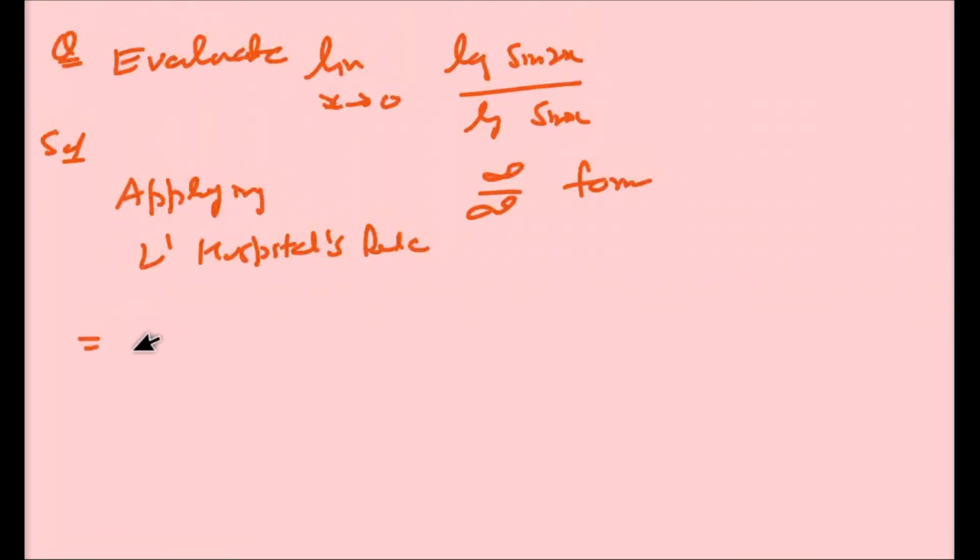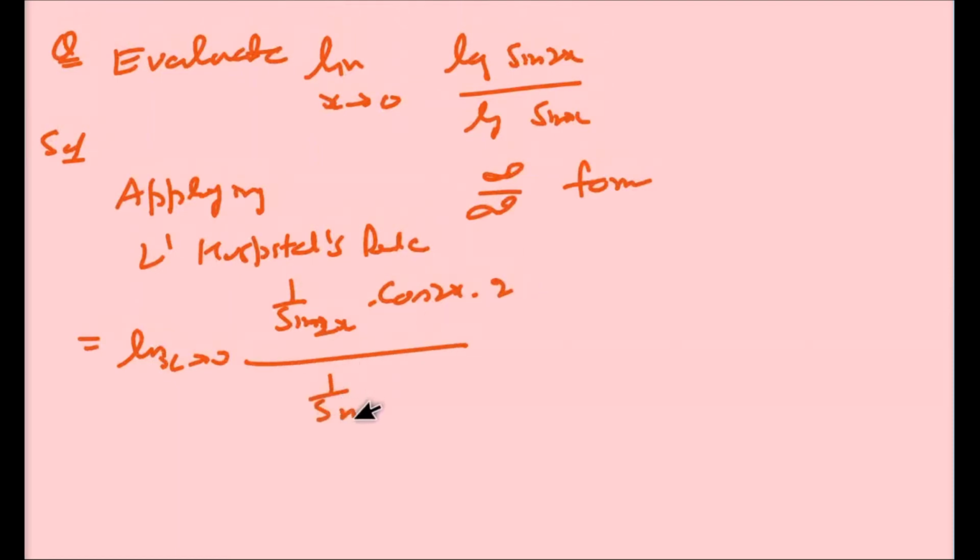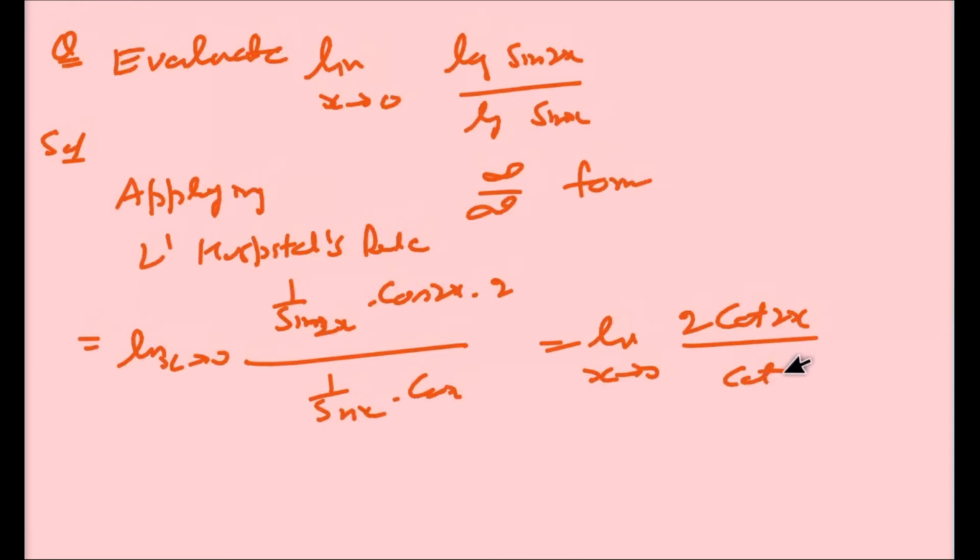now what we get, limit x tends towards 0, and take the derivative of this: 1 upon sine 2x into cos 2x into 2 upon 1 upon sine x into cos x, equal to limit x tends towards 0. We got 2 cot 2x upon cot x.